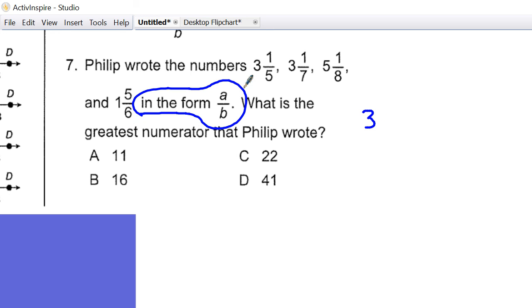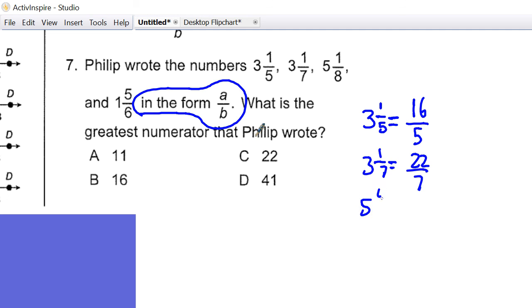So for example, 3 and 1/5 written as a fraction. Some kids say that's a fraction, but that's actually a mixed number. 3 and 1/5 written as a fraction is 3 times 5 is 15, plus 1 is 16. It's 16 over 5. So that's one of the numerators is 16. We've also got 3 and 1/7 written in the form of a over b as 3 times 7 is 21, plus 1 is 22, 22 sevenths.